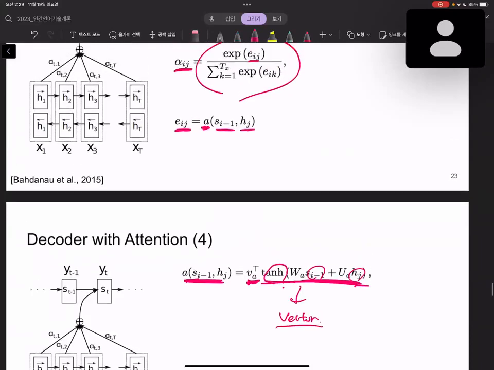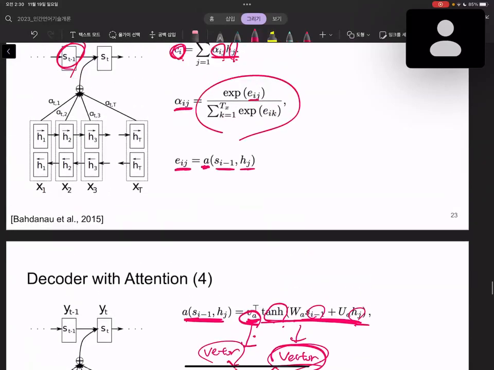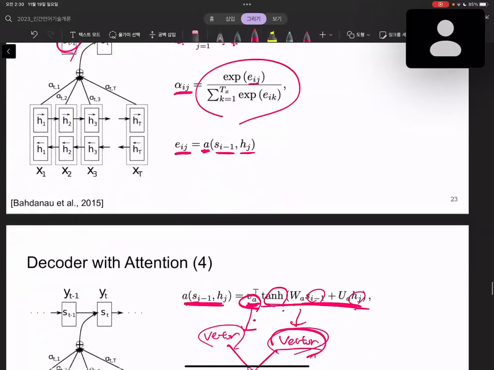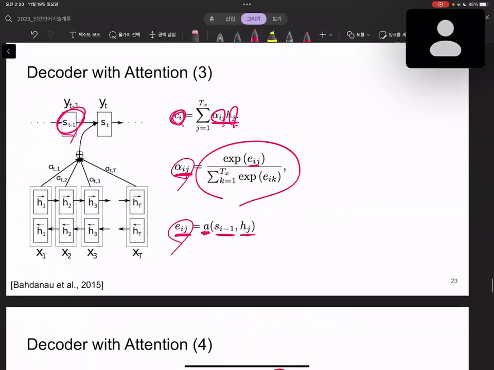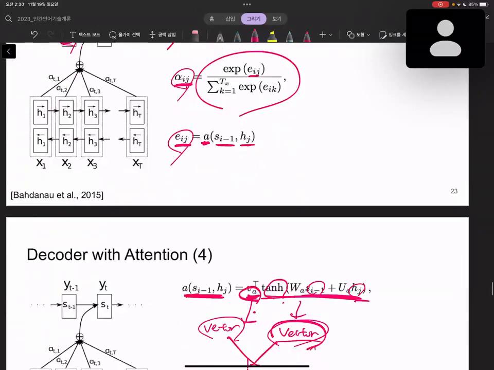We need a scalar value, because we need to take the weighted sum. So we need to convert this vector into a scalar value. So we take the inner product between these two vectors to get a scalar value. And we can compute the e, and then finally compute the attention weight, and then finally we compute the C_i.